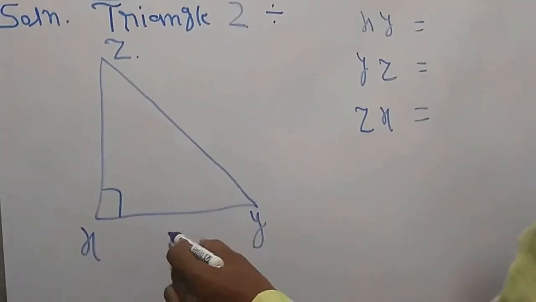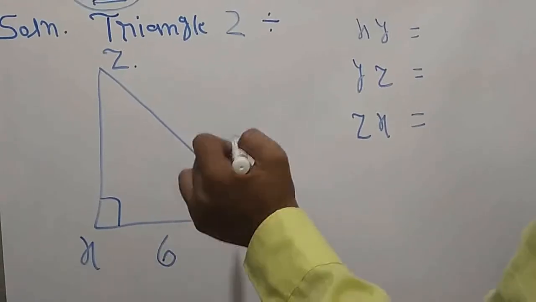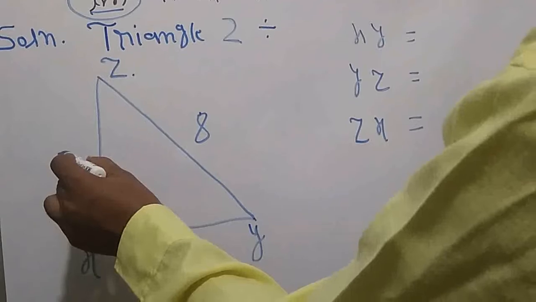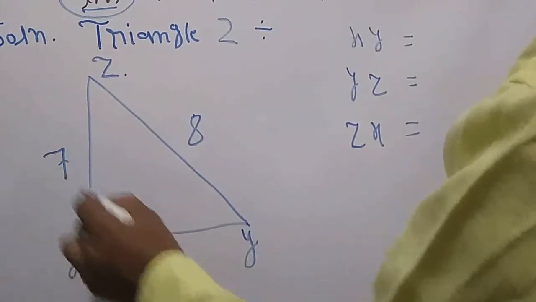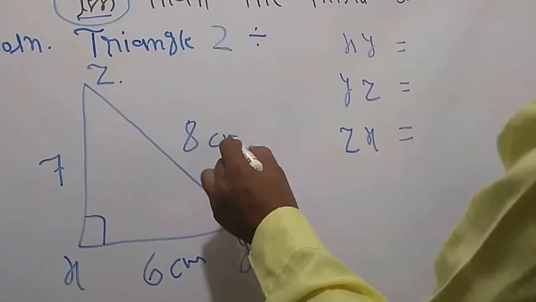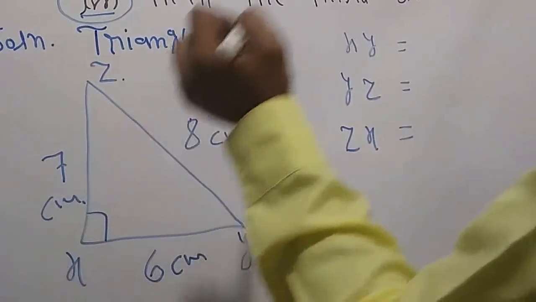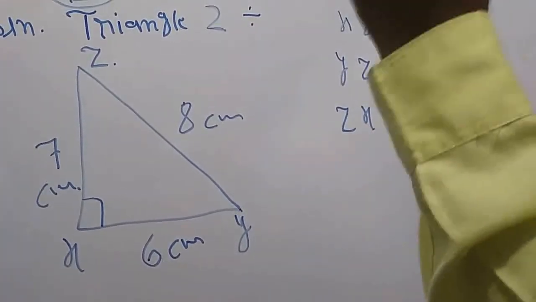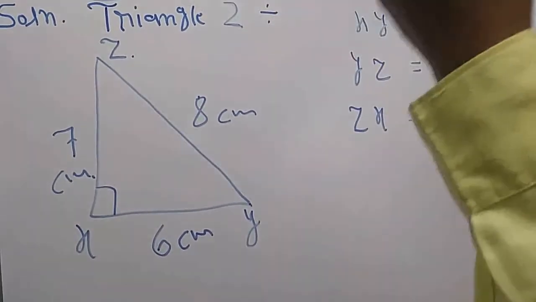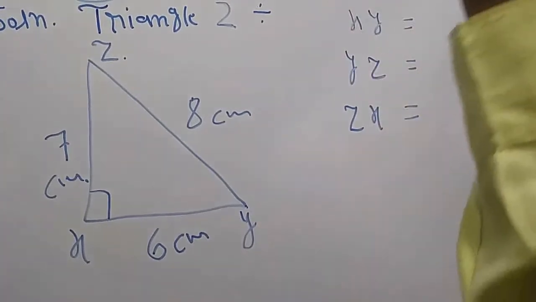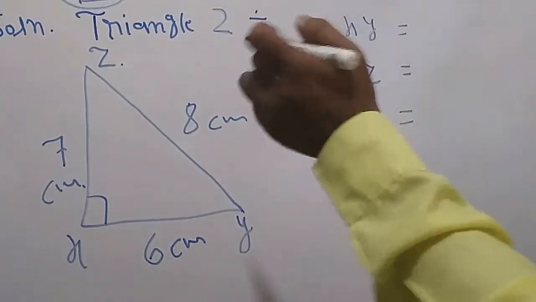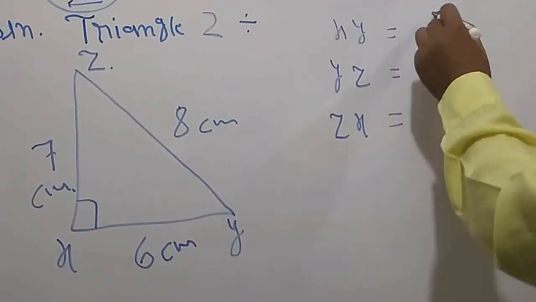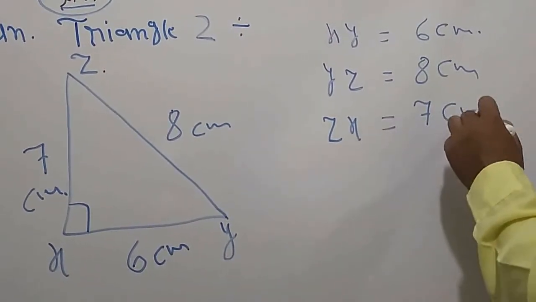Suppose it is 6, 8 and 7: 6 centimeter, 8 centimeter and 7 centimeter. I write here approximate measurements, but you draw the triangles without measurement, and then you take their measurements with the help of a ruler and divider. So after measuring, you write your measurements here.